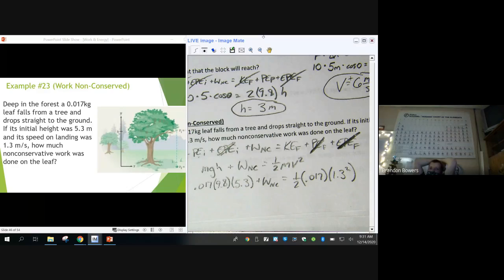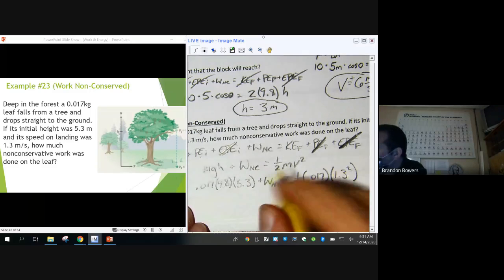Can cosine of theta create a negative? Yeah. So you can have negative work. I was thinking cosine of 0 is 1, cosine of 90 is 0. I didn't know what cosine of 180 was. It's a negative 1. So what did you guys get for work?